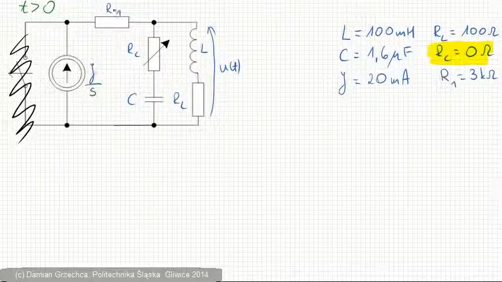Resistors just remain with the same value. The capacitor has to be represented with its impedance and the coil SL.